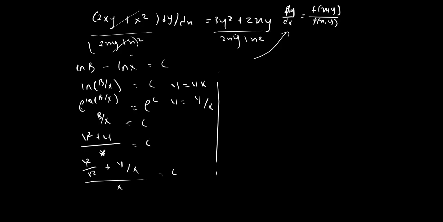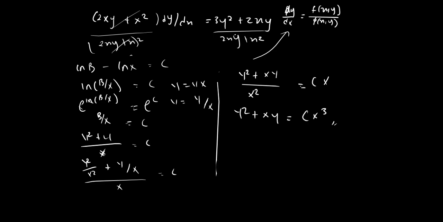So we combine the fractions: y squared over x squared plus y over x gives y squared plus xy over x squared, which is equal to cx after we cross multiply. Then we cross multiply again, so we're going to have y squared plus xy is equal to cx cubed, and this is going to be your final answer for this question.